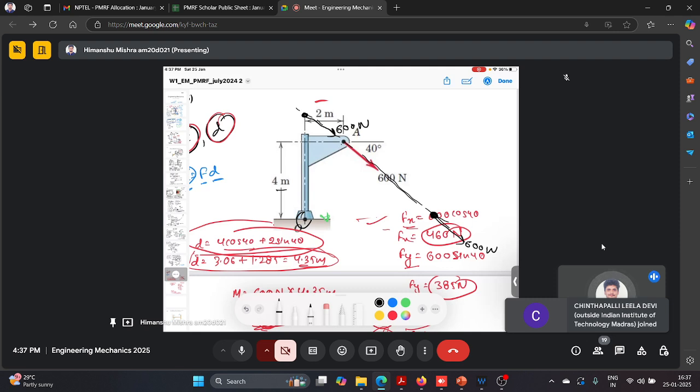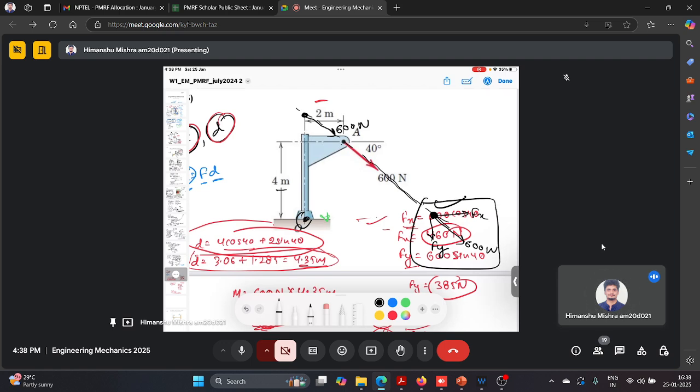So let's say I define the force here, 600 Newton, and now I calculate the components of force Fx and Fy.